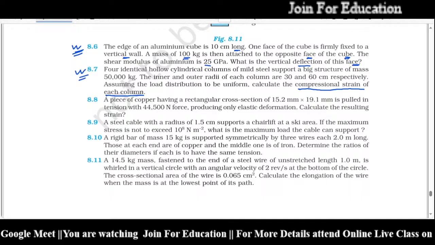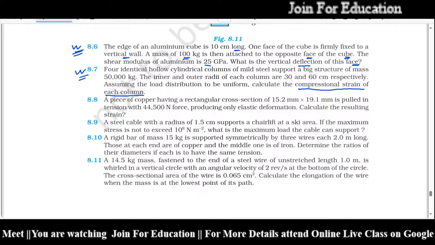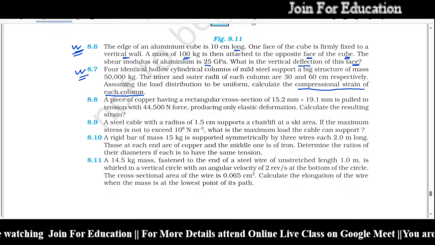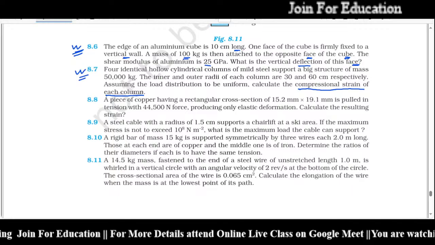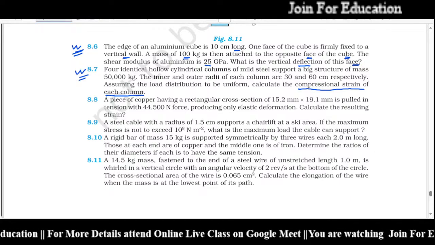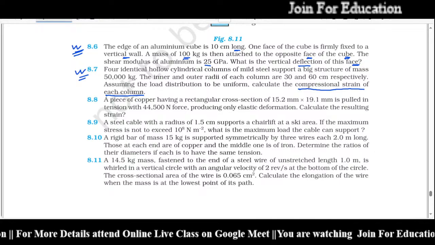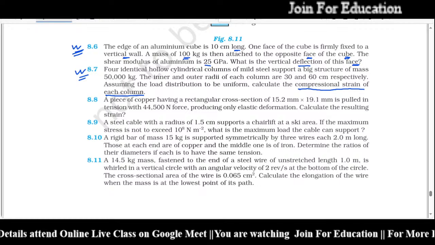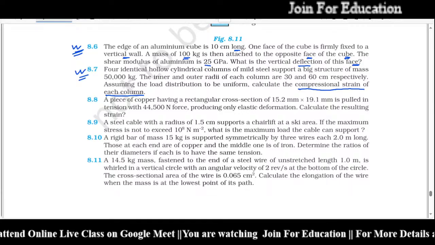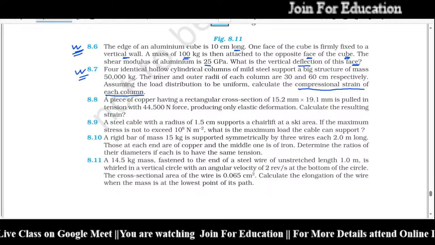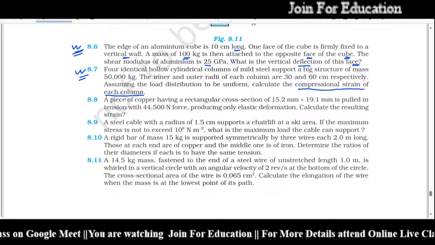So questions number 8.6, 8.7, 8.8, 8.9, 8.10 are based upon either Young's modulus or modulus of rigidity or shear modulus. This question is based upon Young's modulus. So let's see.